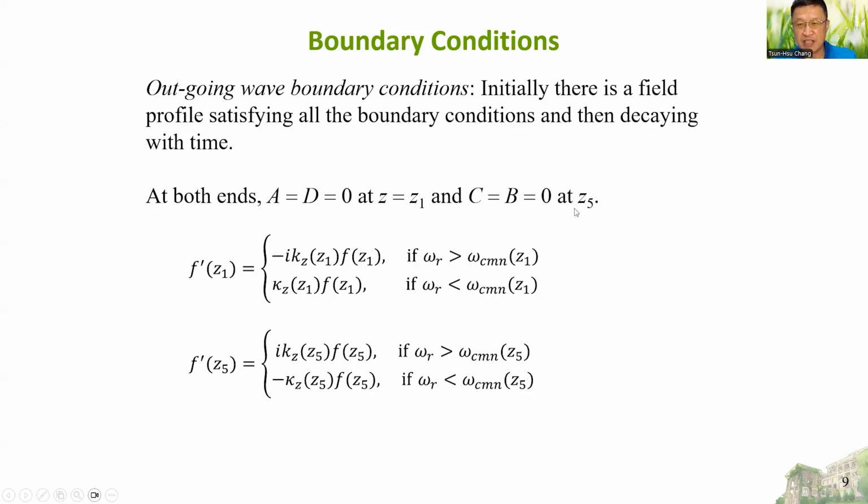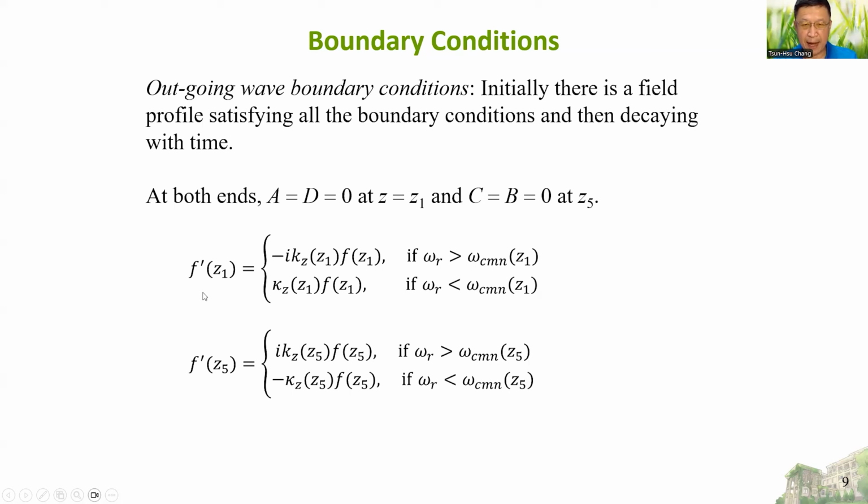At z5, right-hand side, if above cutoff, C should be 0. Sorry, above cutoff, C should be 0. So it depends on whether it is above cutoff or below cutoff of the resonance frequency.